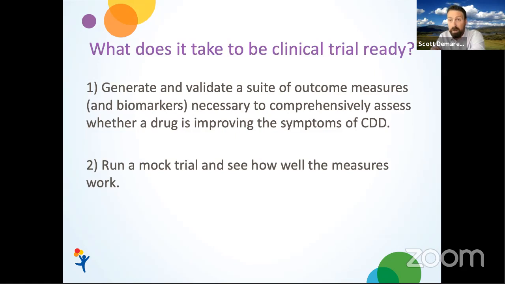Maybe we can't get all of them perfectly, but we need to get as many as we can, particularly the really critical ones, the ones that you as families are telling us are the most important. And then we actually want to run a mock trial, and we want to see how these measures perform. We want to make sure that they're actually showing changes over time when they're supposed to, and that they're stable when they shouldn't be changing. And those are actually important things that have to be done.